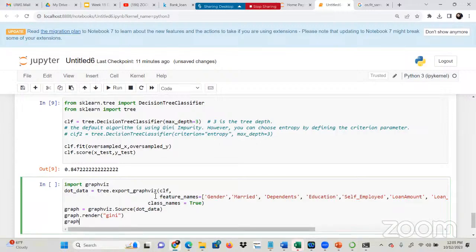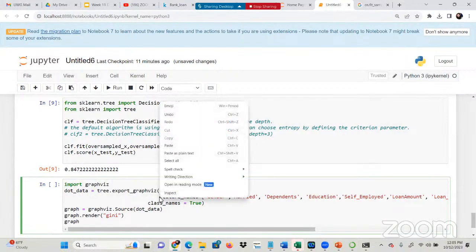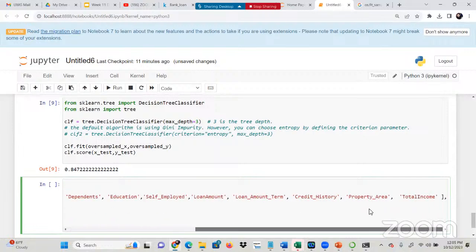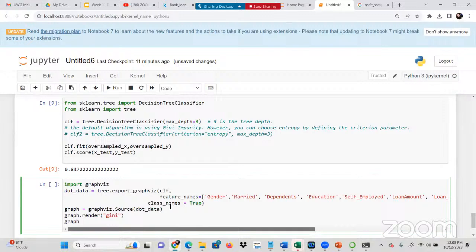So here, build this tree, and then the feature names. Class names is true, and the source is the dot data.